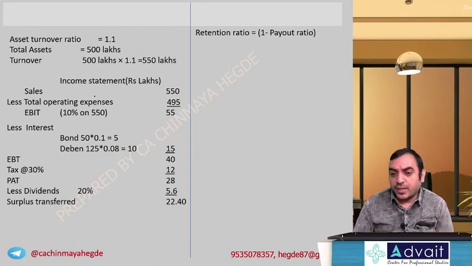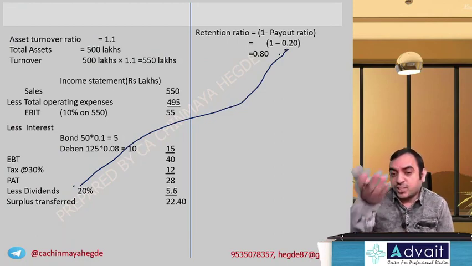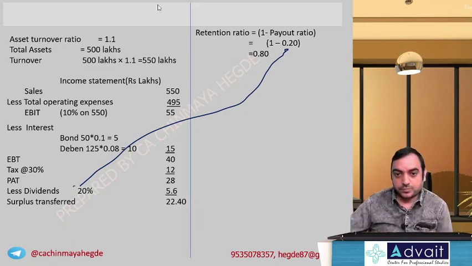Retention ratio is 1 minus payout ratio. Payout ratio is 20%. So 1 minus 0.2, you get 0.8. Write that down first.